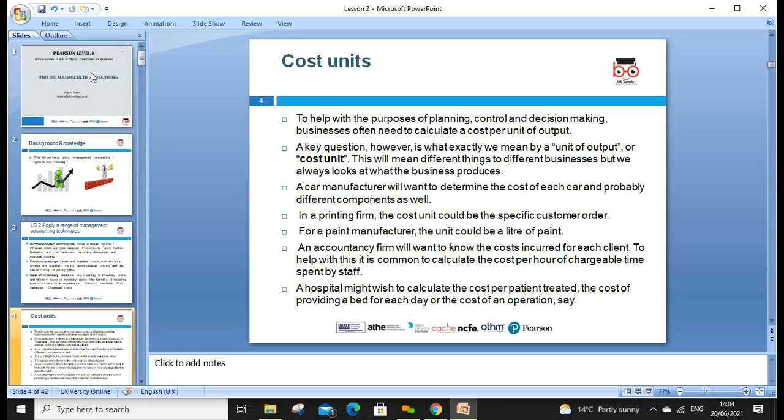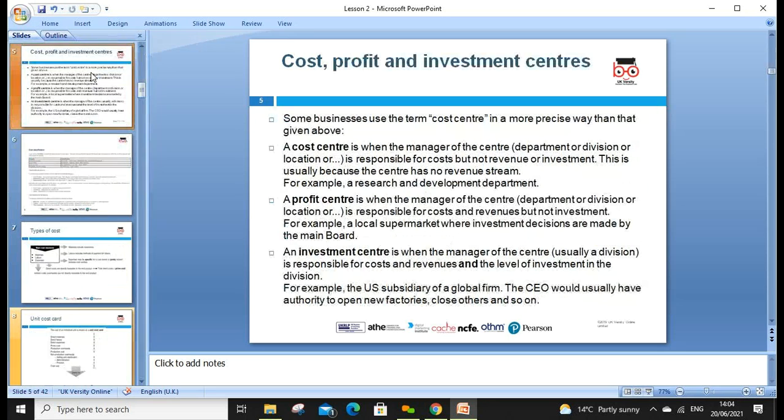To help with this, it is common to calculate the cost per hour and charge time spent by the staff. A hospital might wish to calculate the cost per patient treated, the cost of providing a bed for each day, and the cost of an operating suite. So that's cost per unit.